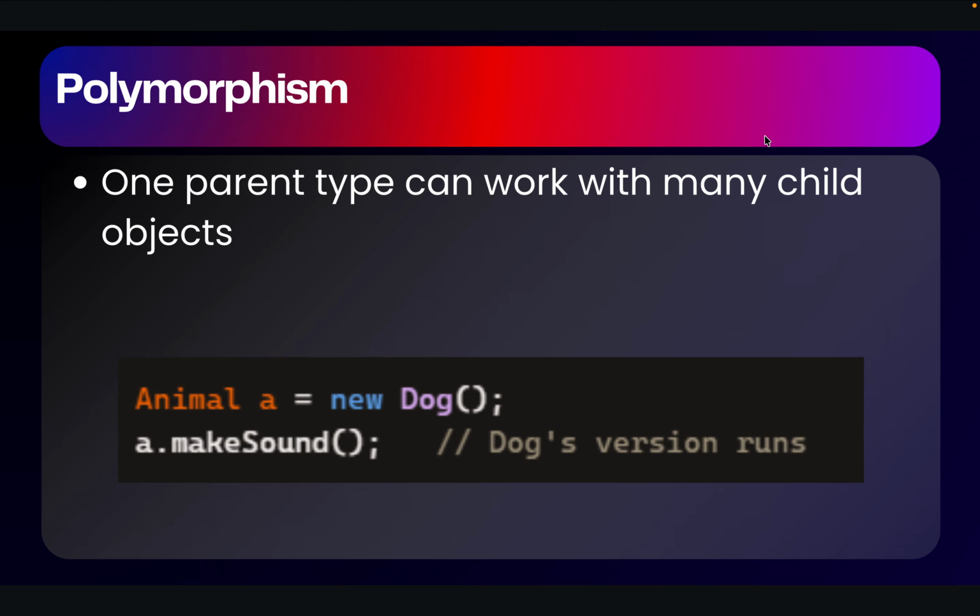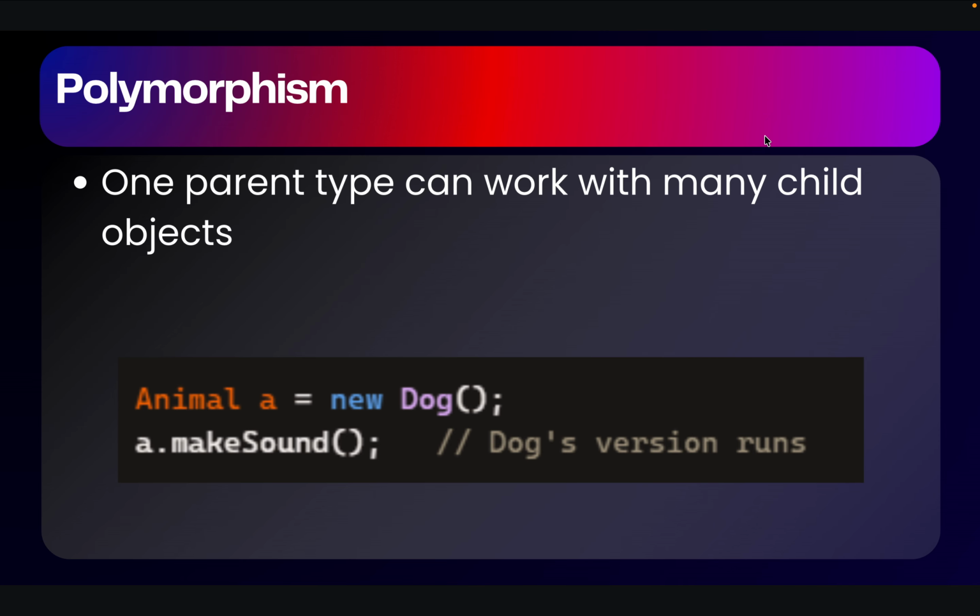Now, when we say animal A is going to equal new dog, it basically will use the information it has from the dog class, because remember, it inherits everything the animal class has on top of what it has in its own.